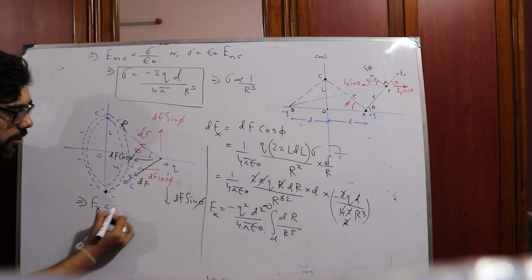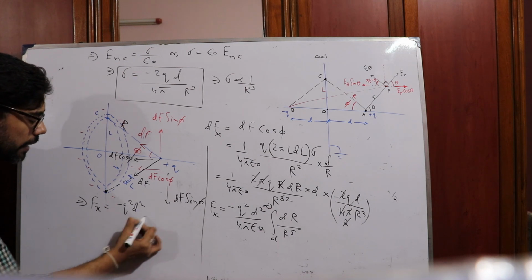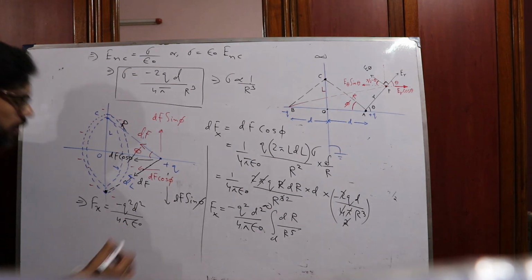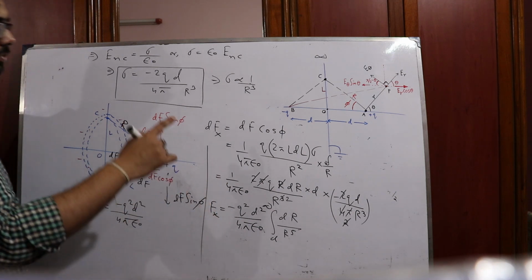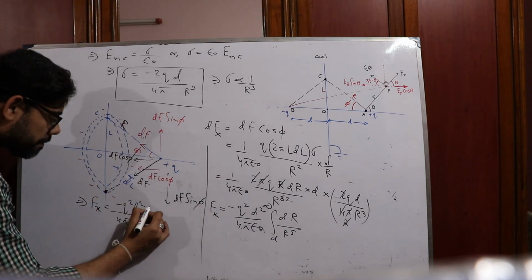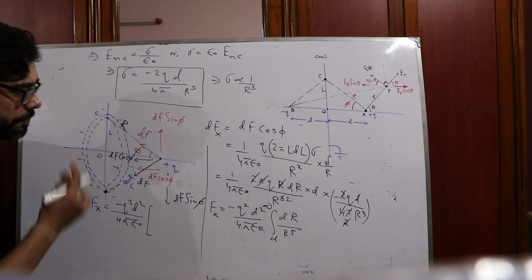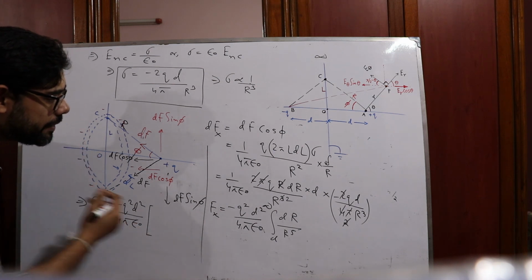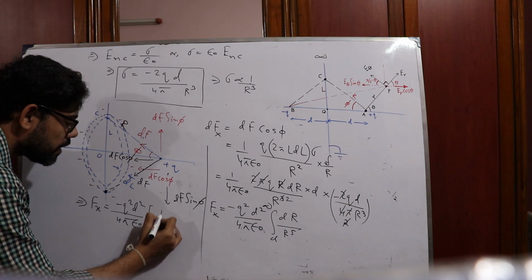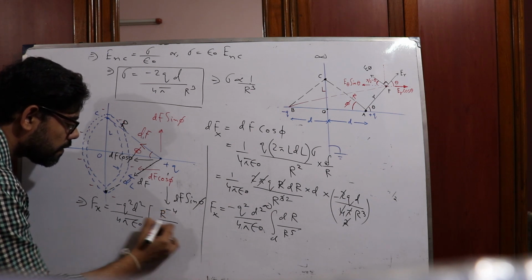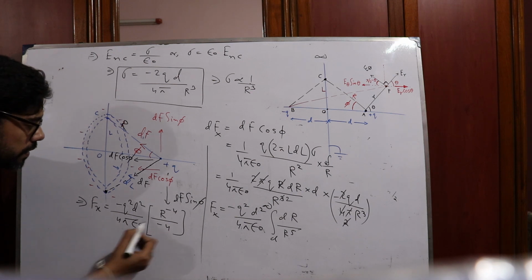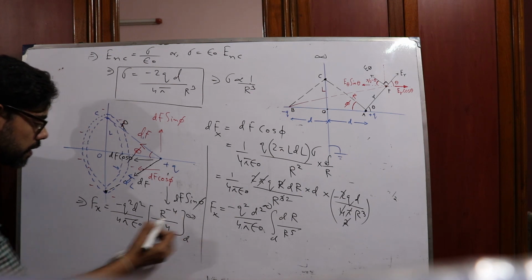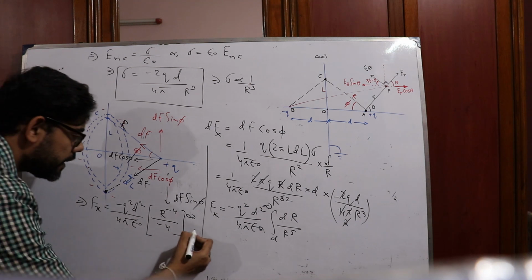Fx equals minus q square d square by 4 pi epsilon 0 times the integral of dr by r to the power 5, which will be r to the power minus 5 plus 1 by minus 5 plus 1, from d to infinity.